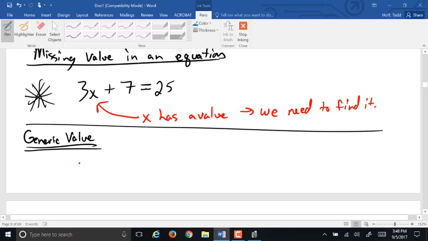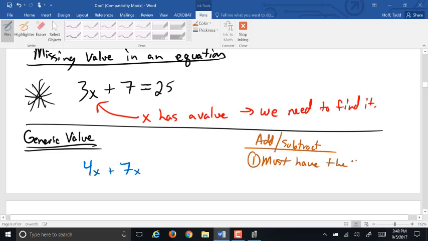So we looked at before things like 4x plus 7x. If you recall from our first couple of days, when you add or subtract numbers, first thing is we must have the same name. Do those both have the same name?